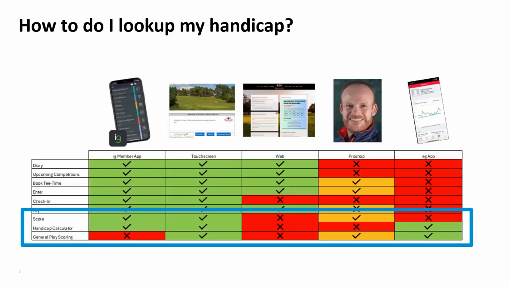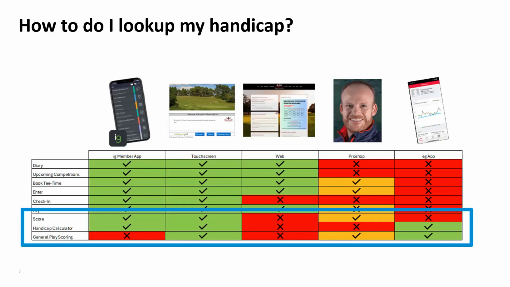This is a slide we've used in a different training, but it looks at the different technologies that we have available. Across the top, you've got the app, the touch screen, the web, the Pro Shop, and the MyEG app. This shows what each of those can do, but really what we're looking at is the bottom.